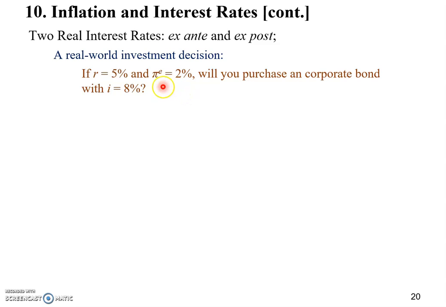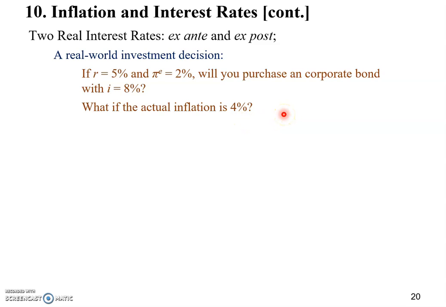However, remember this expected inflation is just your guess, okay? We don't know that ahead of time, so this is your projected rate. Now, what happens if the actual inflation rate is 4%?